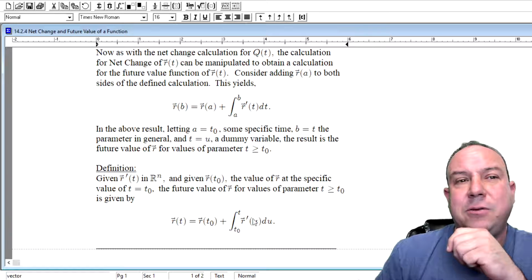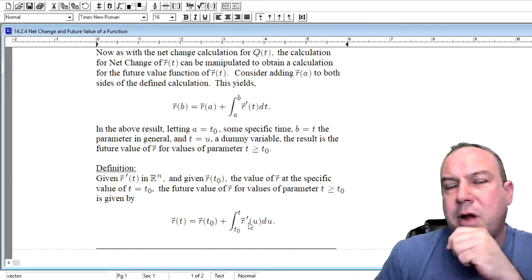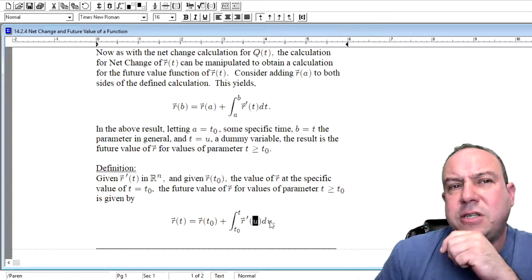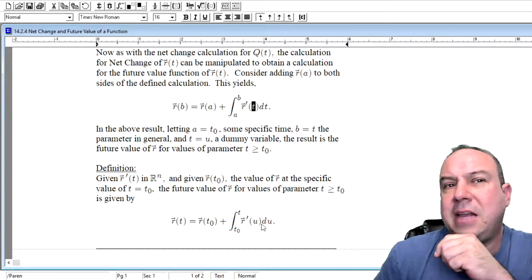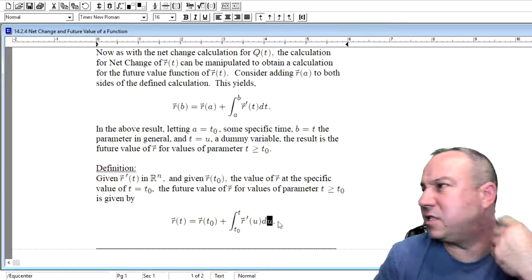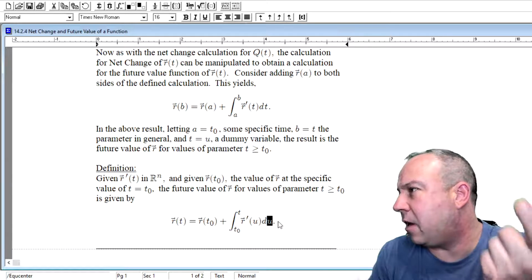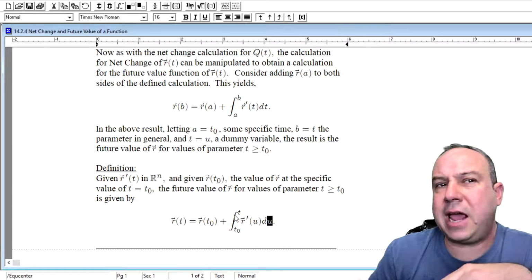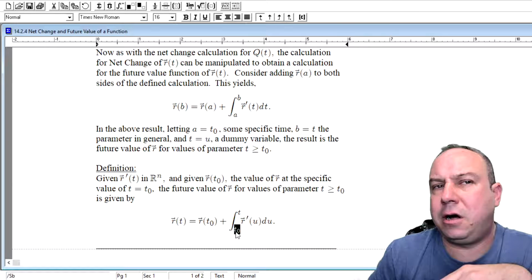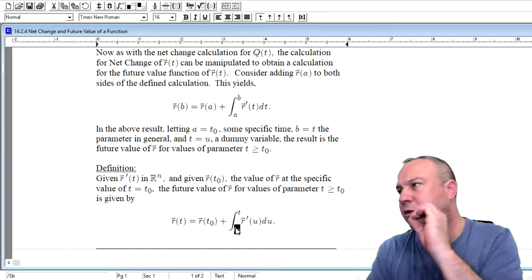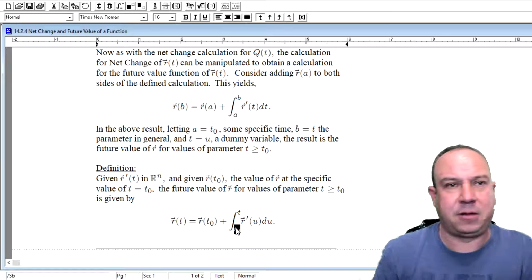This value seen here, r bar prime of u. U is just going to act as a dummy variable, we say. We're just replacing the t seen above in that equation with u to be a dummy variable. It's going to integrate itself out of the calculation. What's actually going to happen, you can note in our bounds, t null is going to be an observed value. That'll actually be a numerical value given to you in the problem.